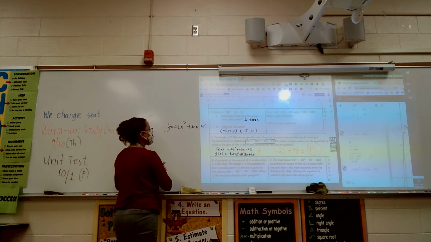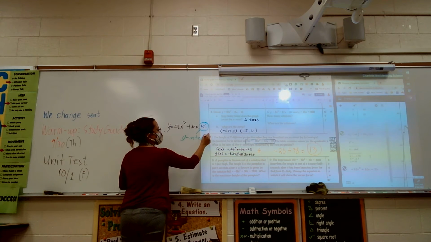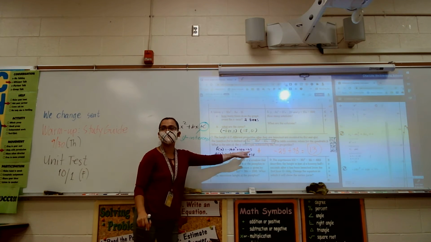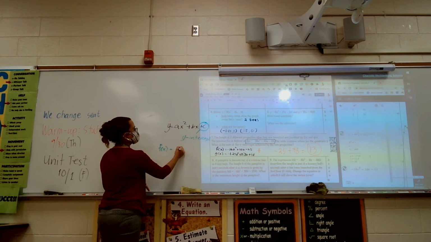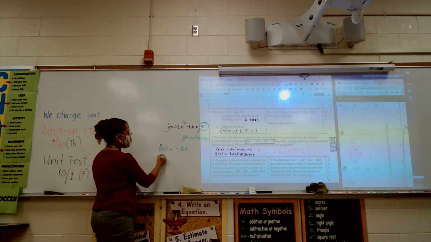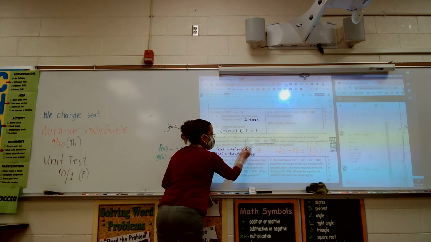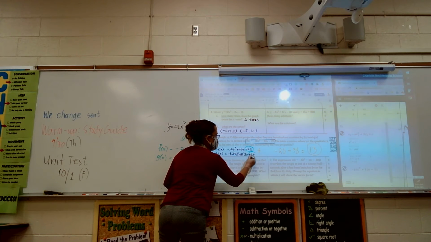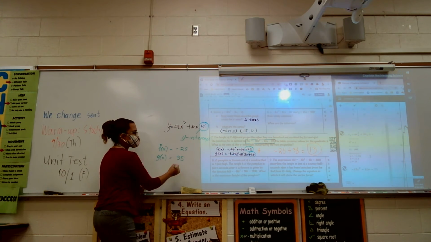The c value is what you call y-intercept. So what's the y-intercept of f of x? That's negative 25. What is the y-intercept of g of x? Again, I will encircle it. 38.